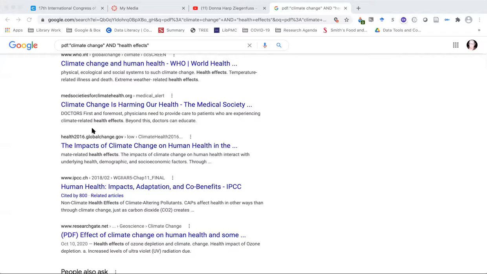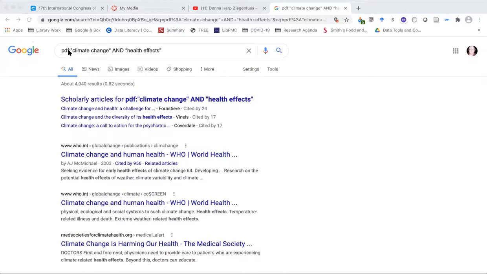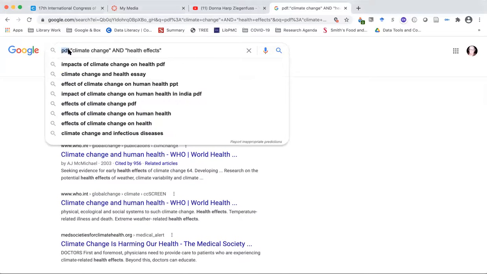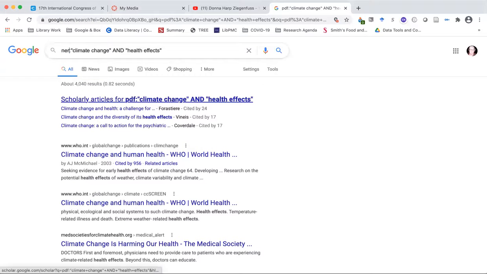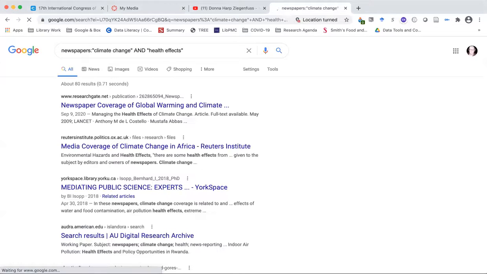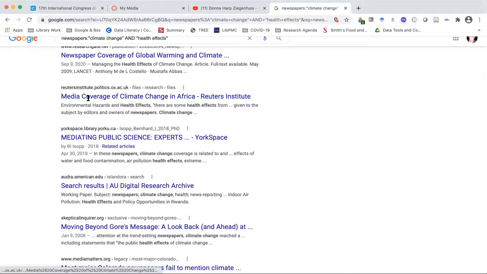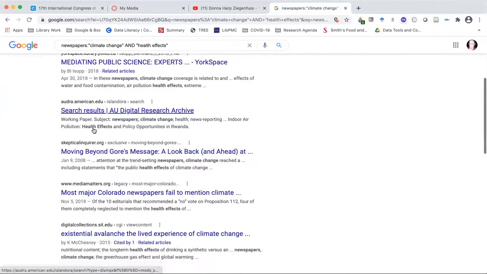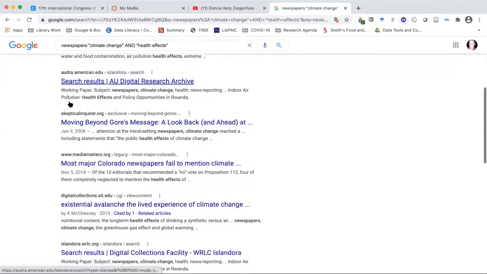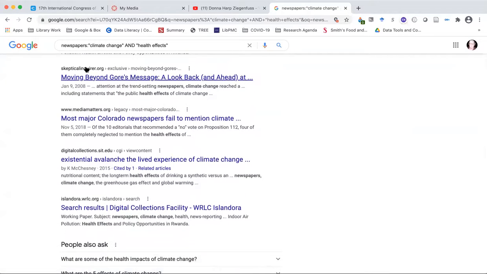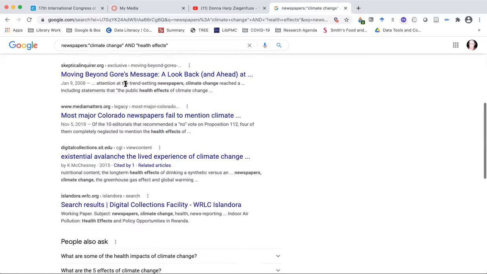Say instead of PDFs, you wanted to see what was in the newspaper. You could do newspapers colon. And now you're going to find, here's Reuters. Here's American, I don't know what Audra is. Skepticalinquirer.org, moving beyond Gore's message.